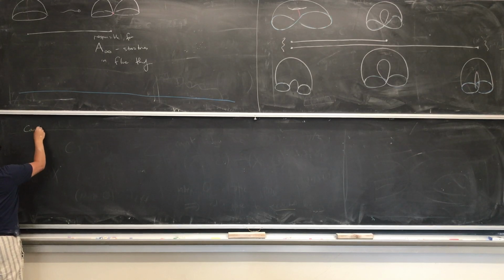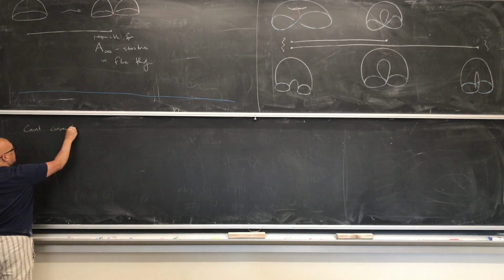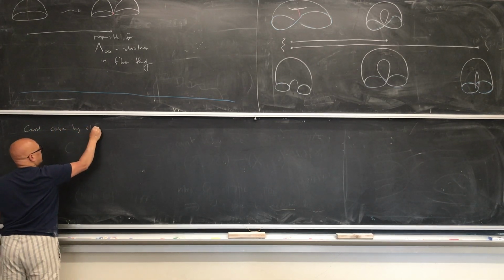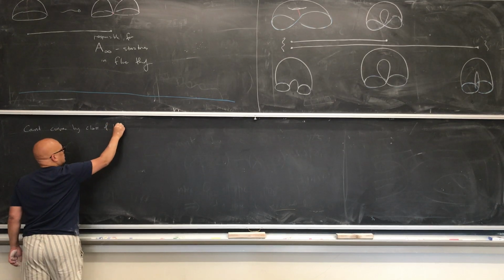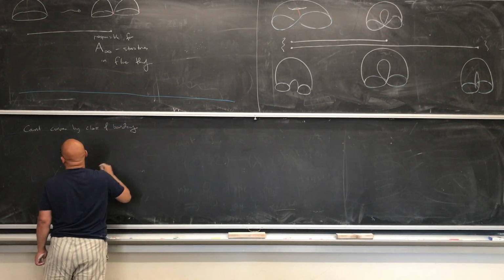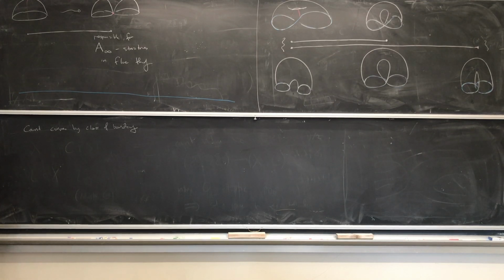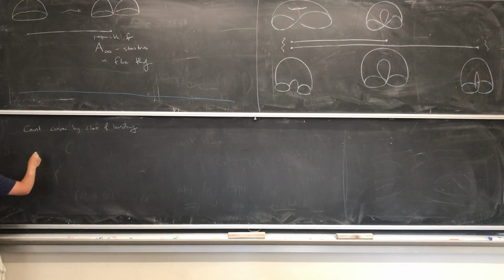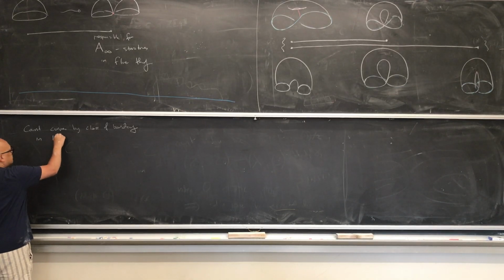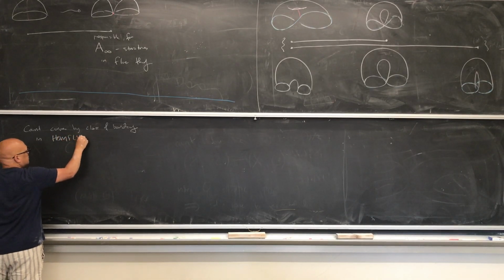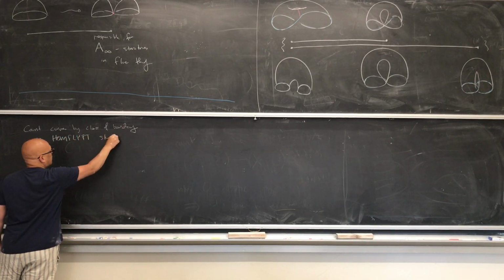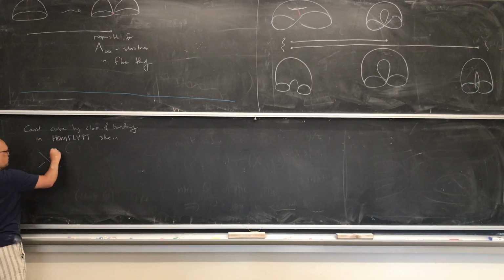We count curves by class of boundary. So this is the skein relation in U1. It's the HOMFLY skein relation. I'll write it in a second. And the skein relation is this.